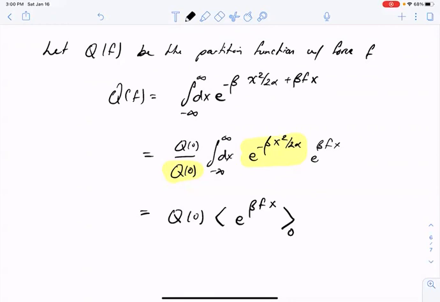So that expectation value, again, is the highlighted averaging operation. It tells us that there are simple relationships between the statistics of the system in the presence and absence of the force. By knowing about fluctuations in the absence of the force, I can predict what happens to the system in the presence of the force. That's the left and right hand sides of that equality.